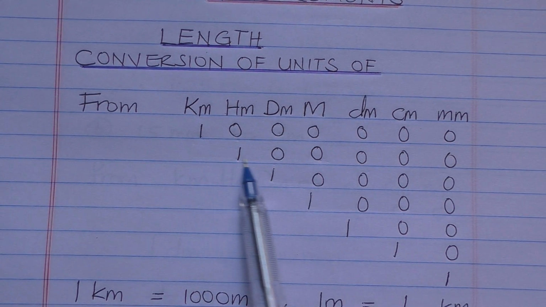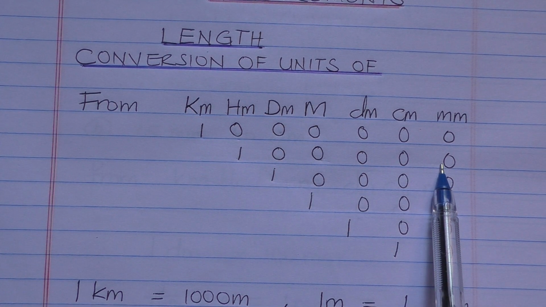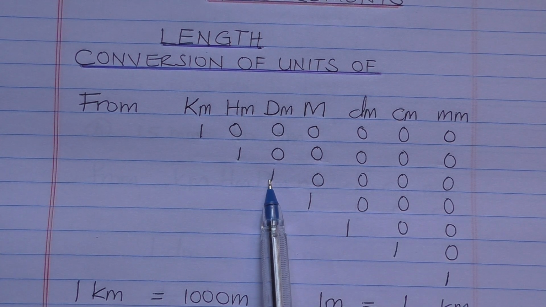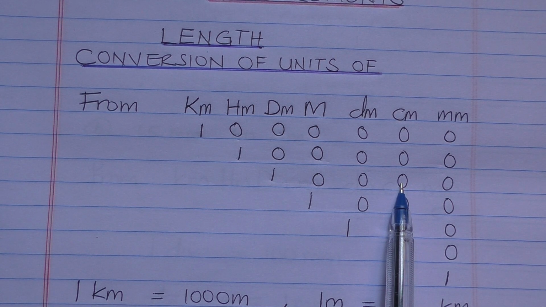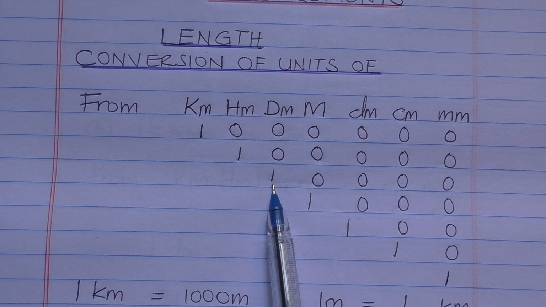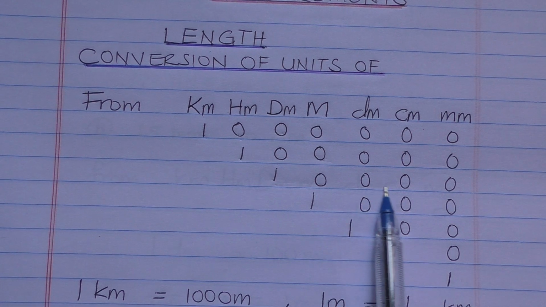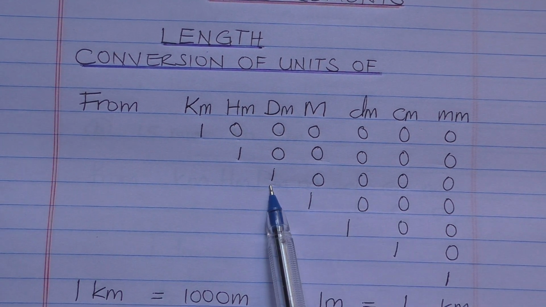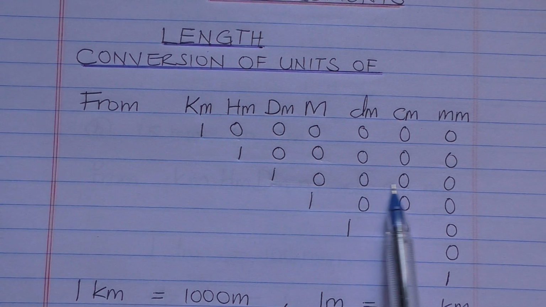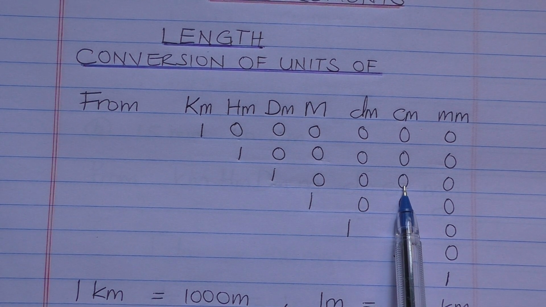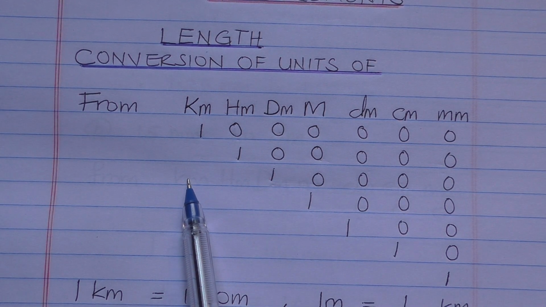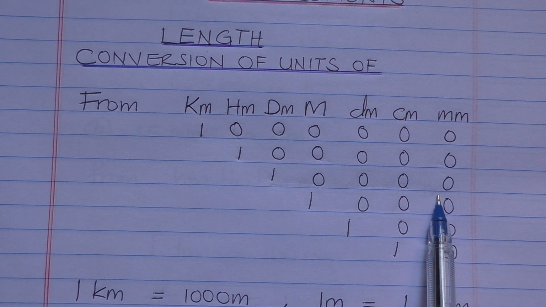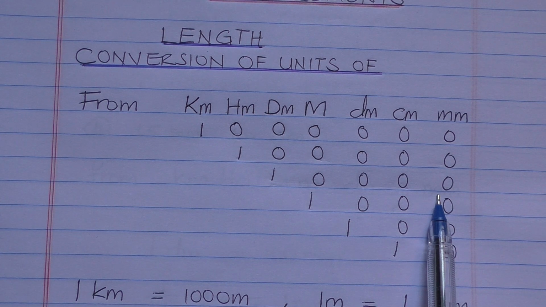So going from this side to the other side, we multiply. For instance, if I have 2 decameters being changed to centimeters, I will say 1 decameter is equivalent to 1,000 centimeters. Then 2 decameters will be 2 times 1,000 to give me 2,000. So when moving from left to right, we multiply.